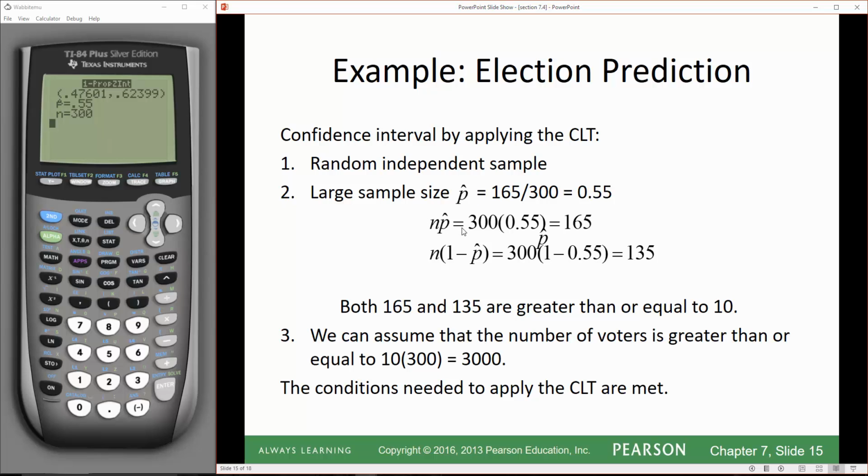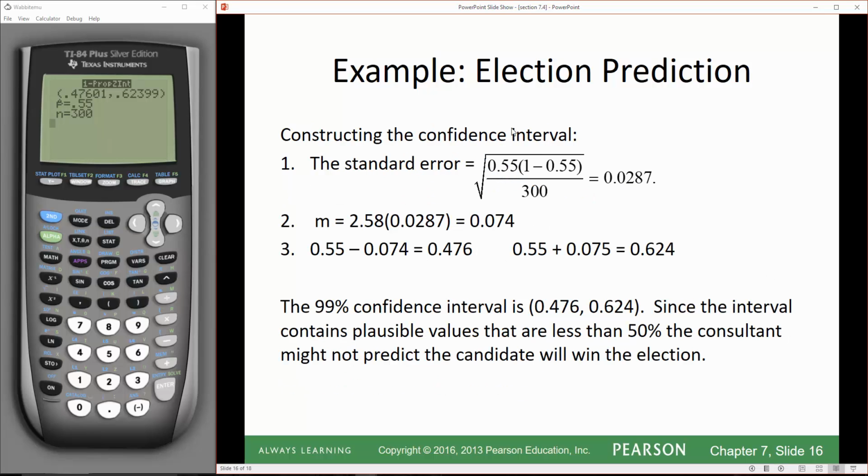So we take n times p hat and n times q hat and see if that's greater than or equal to 10, which it is. And then we could assume that the number of voters is greater than 3,000, right? So we're good there. So we meet all of our conditions. So now we can go in and calculate the 99% confidence interval, right? So I did the same steps by hand, and my calculator agrees, right?